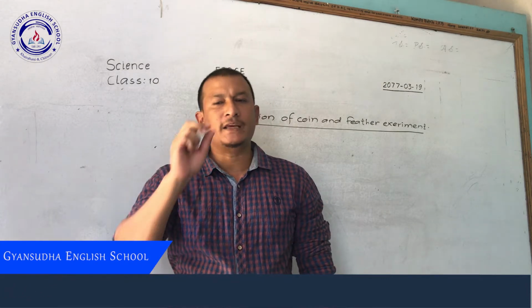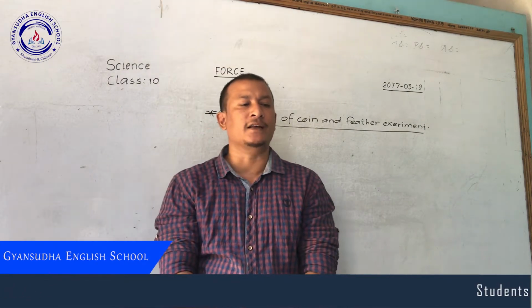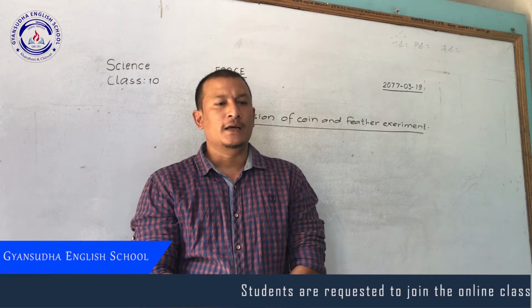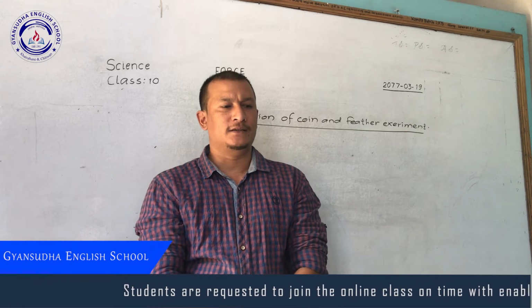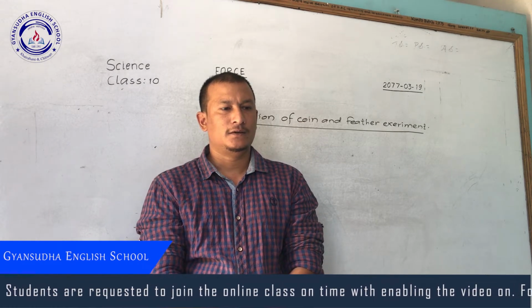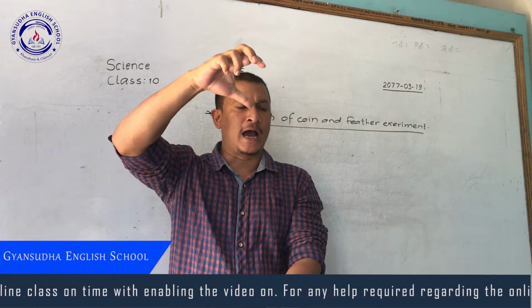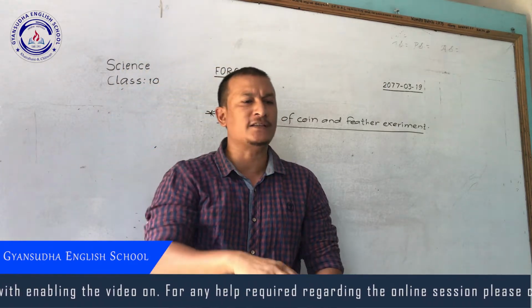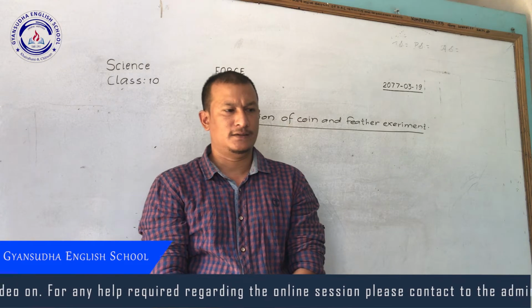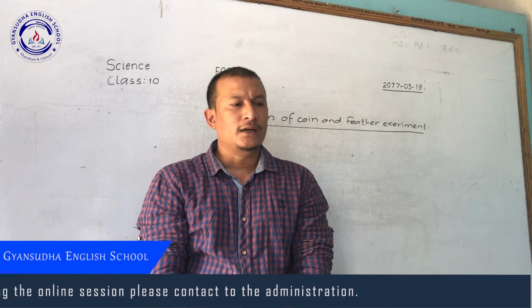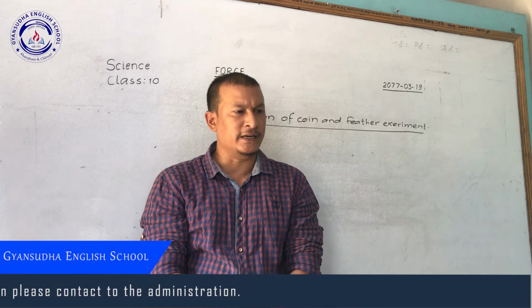If there is the presence of air resistance in the tube, then which one falls faster? When the tube is inverted, either the coin or the feather reaches the bottom faster. It is obviously the coin, isn't it?